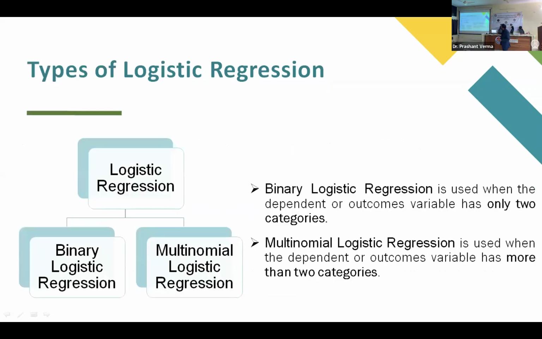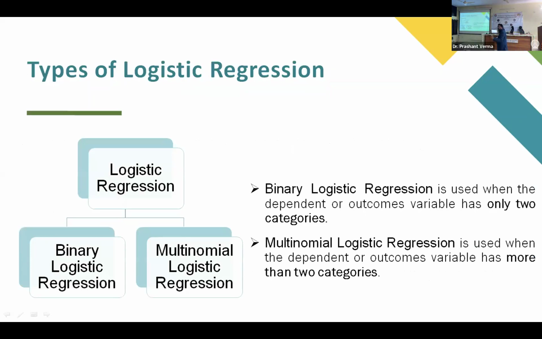Now we are talking about the types of logistic regression. There are two types of logistic regression we have seen. One is binary logistic regression, and the second is multinomial logistic regression. What is the difference?